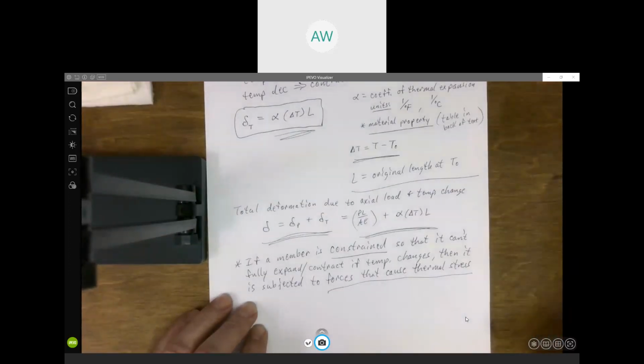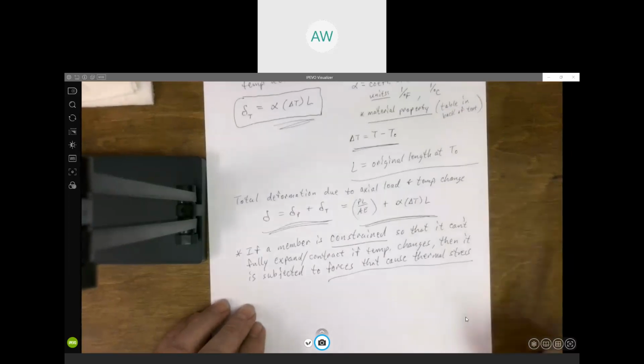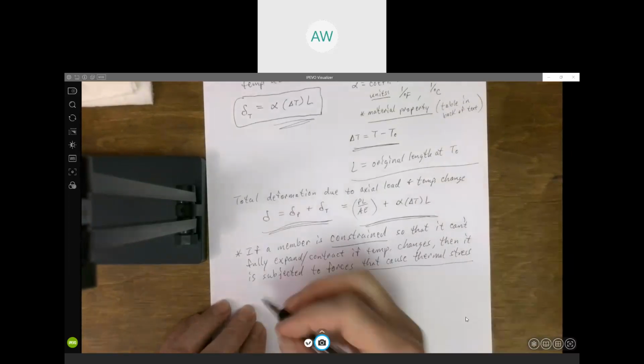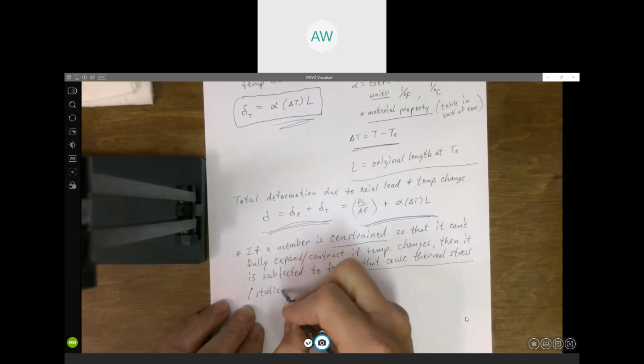So it's actually the forces that are causing the stress, not the temperature change. So that's why I said it's kind of misleading when we say thermal stress. Also, just point out these are statically indeterminate problems.